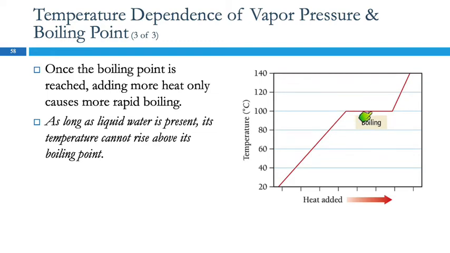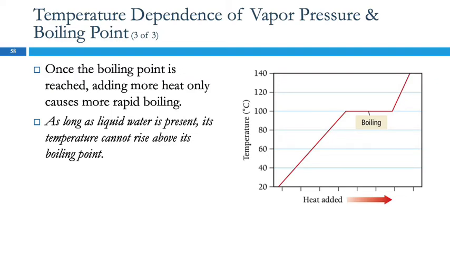Because here, that vaporization is happening so quickly, all the energy that's going in is leaving as those molecules evaporate. So the temperature of this water cannot increase above its boiling point at the same pressure until you get all of the water evaporated. Now you have a gas, and the gas will increase in temperature.